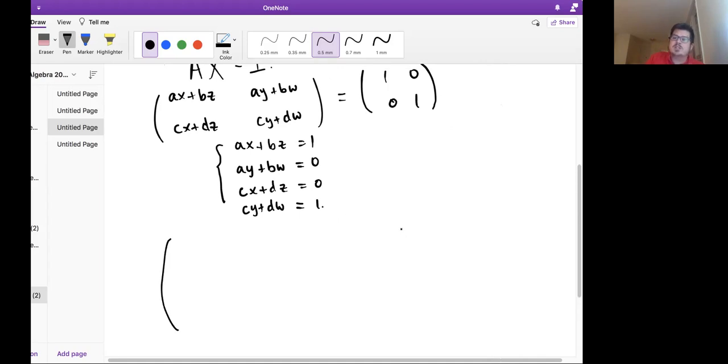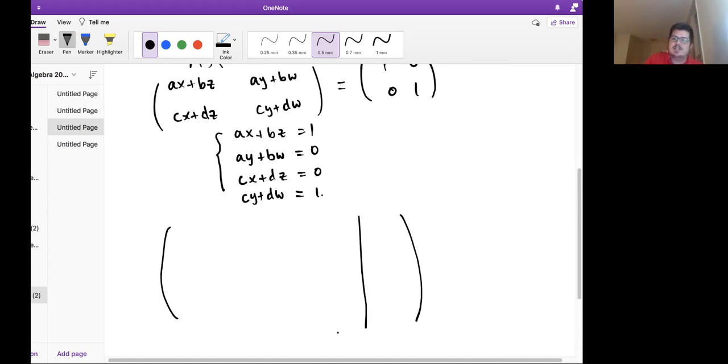Can someone read me the first row of the matrix? Keep in mind how many variables there are. And let's go X, Y, Z, W, so W is the last variable. So what's the first row of the matrix?